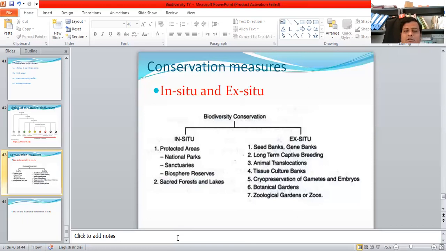There are many ex situ institutions which contribute to this. Many gene banks use these conservation techniques for seeds and pollen, and they also use a holistic approach. There are also many advantages of ex situ conservation, which we'll discuss in a further topic. In India, there are many ex situ conservation sites.